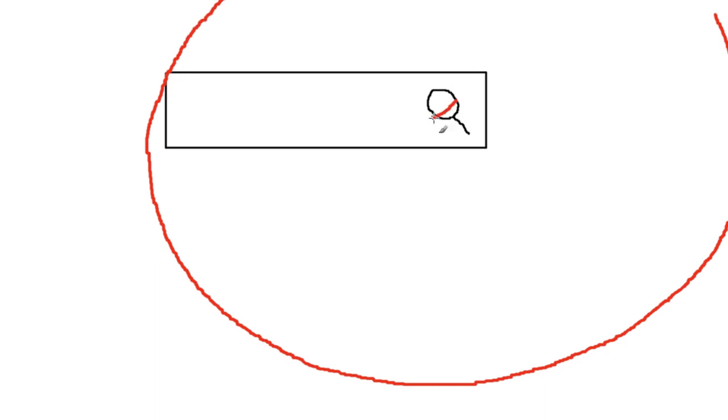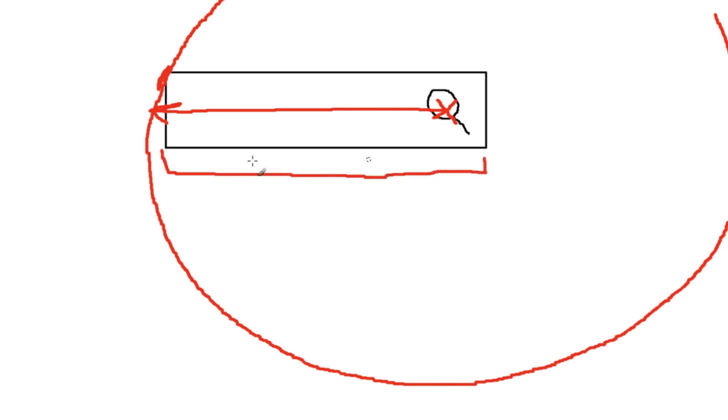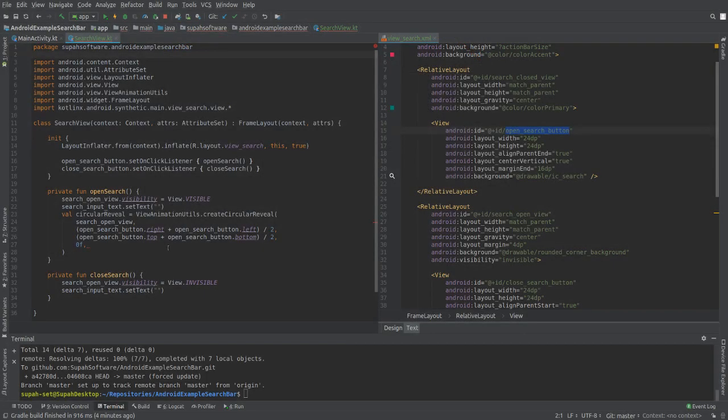If we have the center of the circle here, and we want this all to be covered, we need some radius here for the circle to have, right? So this basically boils down to just being the width of this view, and at least in this case, which is pretty nice, so we don't really have to do any calculations. So the width of this view is going to be the end radius of our circle.